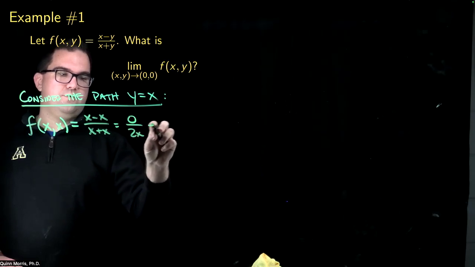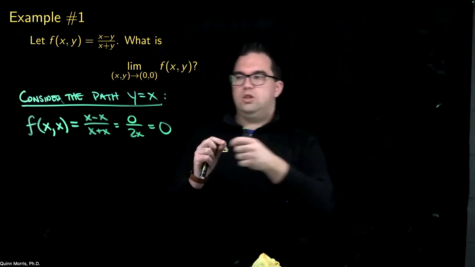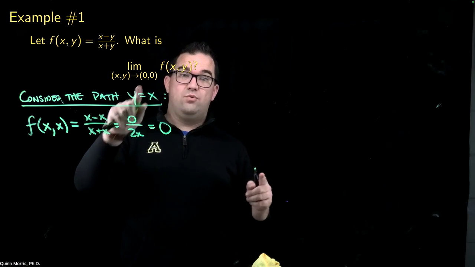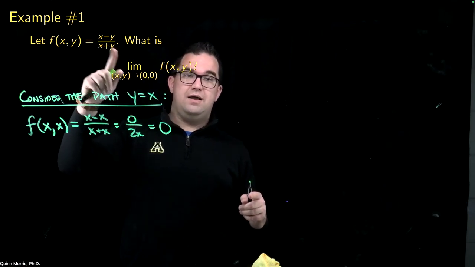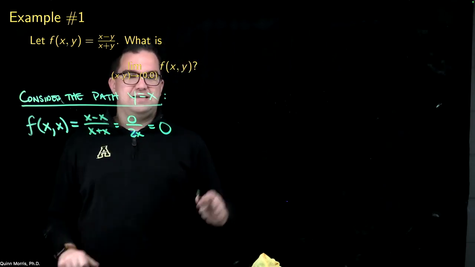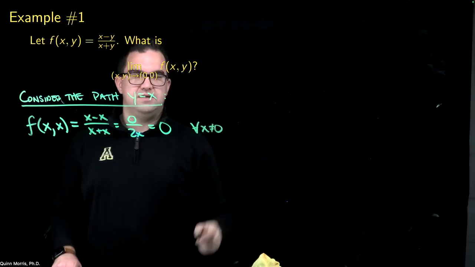It's going to be 0 over 2x, which is just 0. So what we're seeing is that all along here, for every x value except x equal to 0, because this function won't be defined when x and y are both equal to 0, along this path f of x, x is equal to 0 for all x not equal to 0.